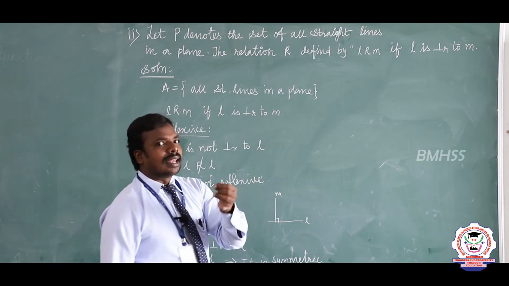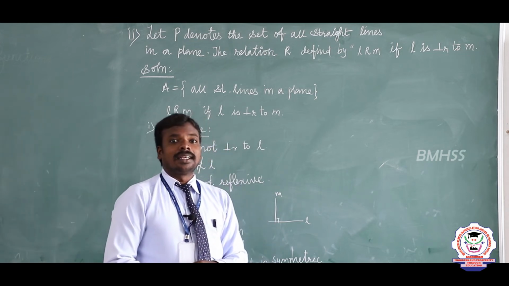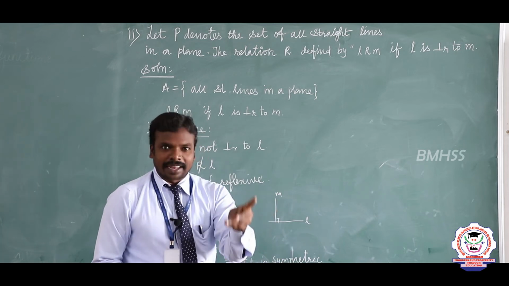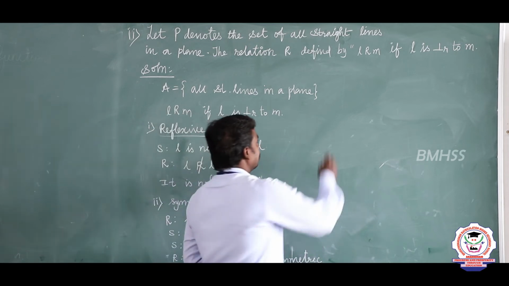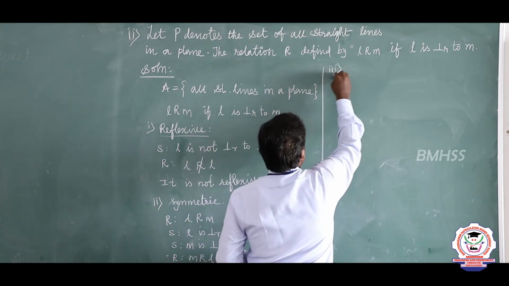Next I am going to check transitive. How many lines do we need to check transitive? Three lines. What are the lines? Let us consider L, M and another one N. The third one, transitive relation.